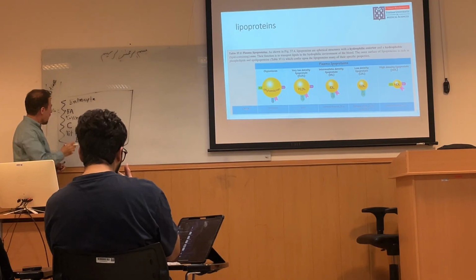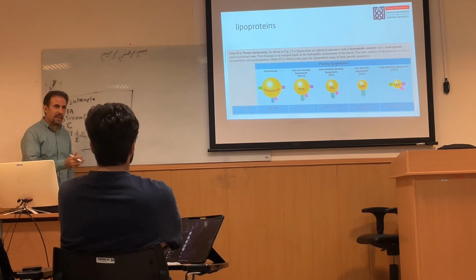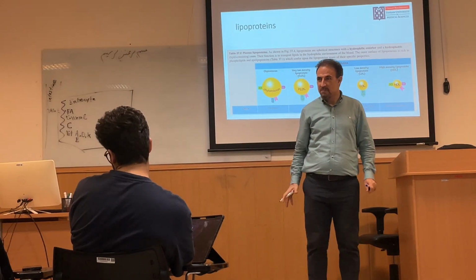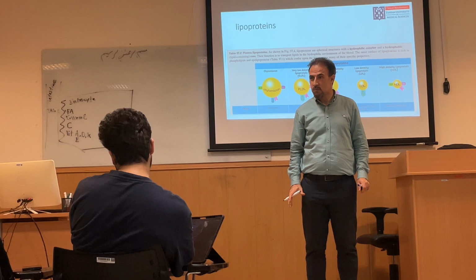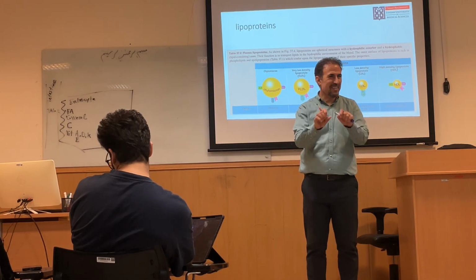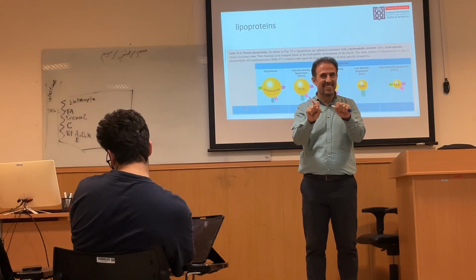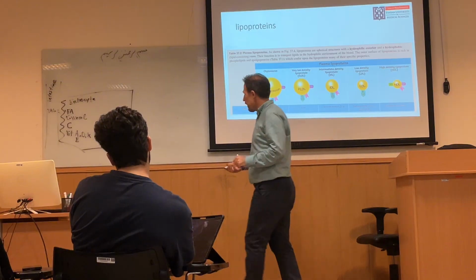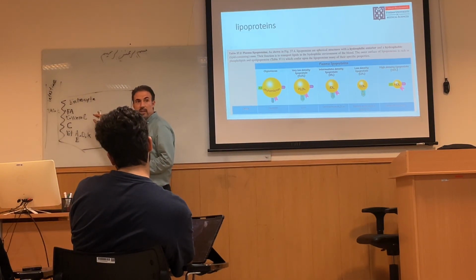So, when you have all of these lipids, can you release these lipids to blood circulation? No, you can't. If you release them, what happens? You have a blood clot. Can you store them here?